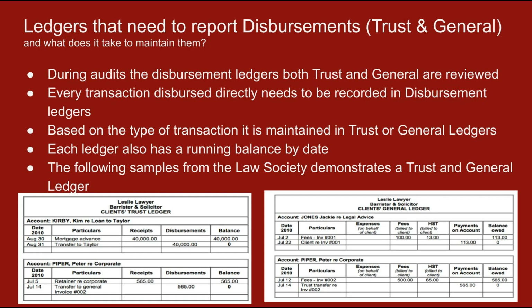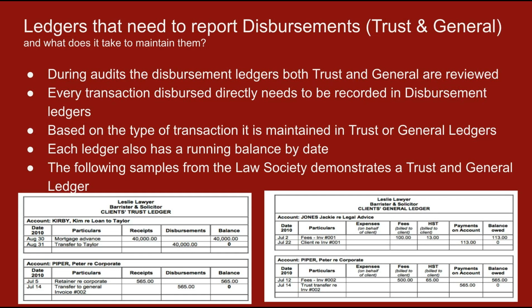If you see on July 2nd, on the right-hand side at the bottom, the client's general ledger, on July 2nd there has been an invoice raised for $100 plus taxes, $113. And on July 22nd, subsequently, that invoice was paid for the $113. So that's how the client's general ledger shows you the expenses or the fee being recorded here and whether it is being recovered from the client.